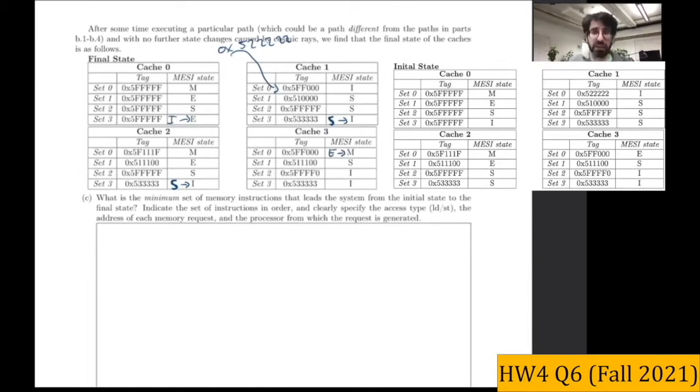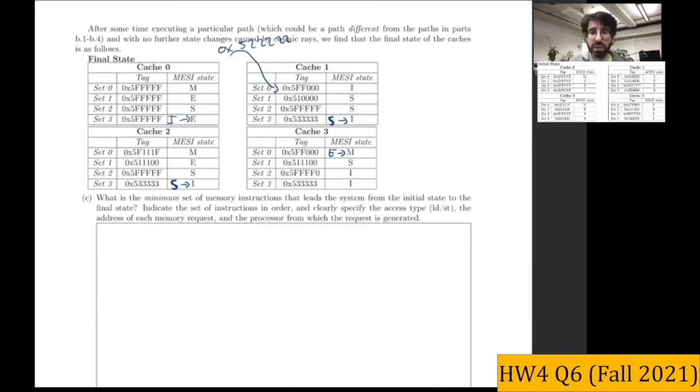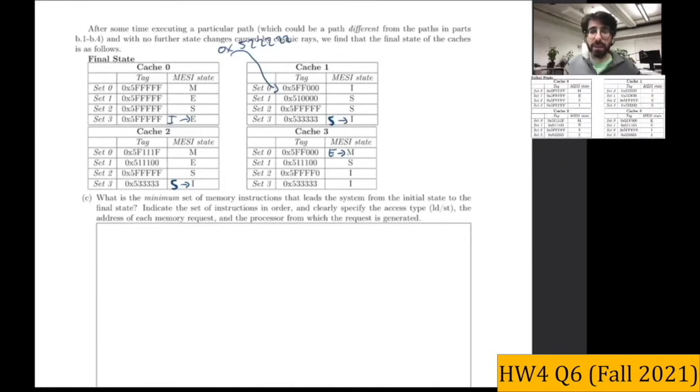And I think that those are all the differences. Okay, so let's see what we can do. We can see that in cache 1 and cache 2, it's the same cache line that is in shared state, and we need to invalidate it.